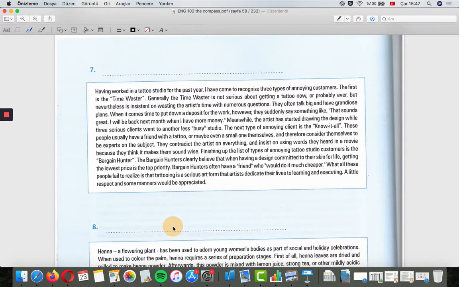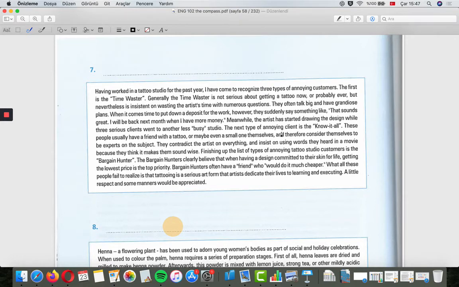Okay, when I look at 7, it starts with talking about tattoo studios. Okay, the first type is the time waster. They often talk big, they have big, grandiose means big, they have big plans, but most of the people don't go back. They say, I will be back when I have more money, but because it's expensive, most people don't go back, okay?